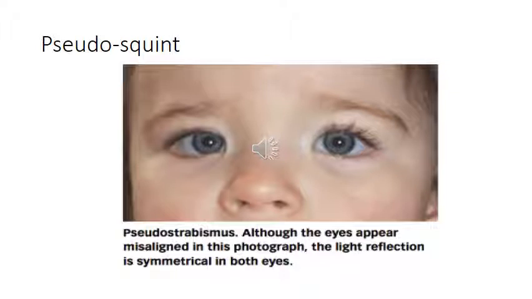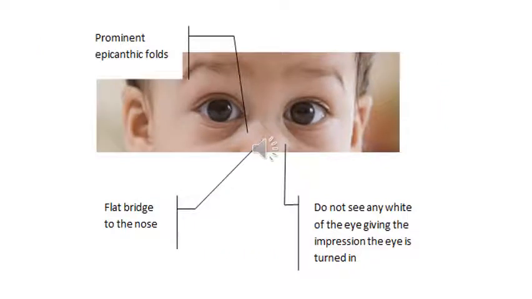This gives an impression of esotropia or exotropia accordingly. So this is a pseudostrabismus and not strabismus. This condition needs nothing, but you should anyhow check for any refractive error in this child, and follow up is important.